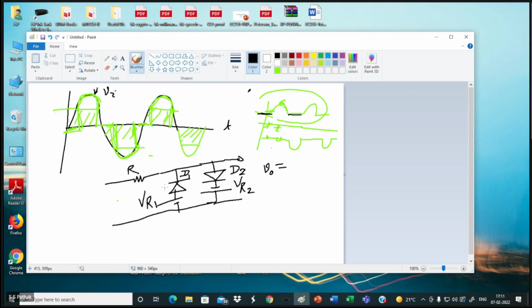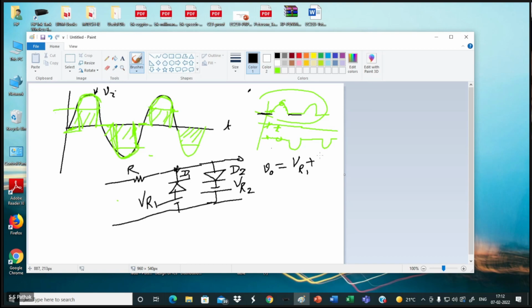If this input is greater than VR1, that means the diode becomes reverse biased. Okay, so my Vi comes here, same thing appears there. So what is this output now? That output will be VR1 plus the voltage across the diode, that is reverse bias.